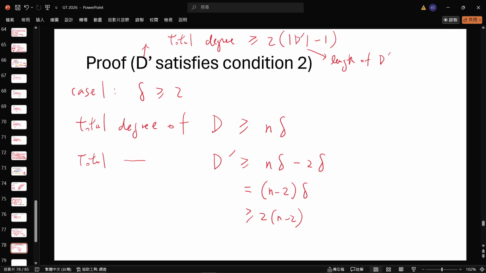Okay, and what's the length of d prime compared to the original one? If the original one is n, and because we remove 1 degree, the smallest degree, so the length is just n minus 1. Okay? So this is 2 times n minus 2. Okay? So this is our goal. Okay? So yeah, this shows that we finished the proof for case 1. Okay?